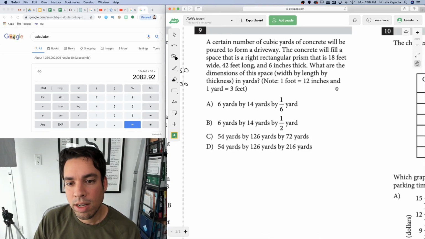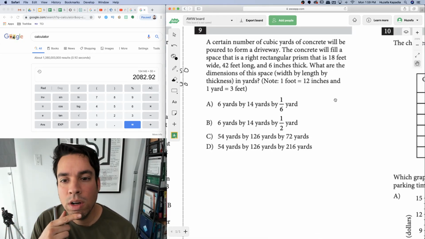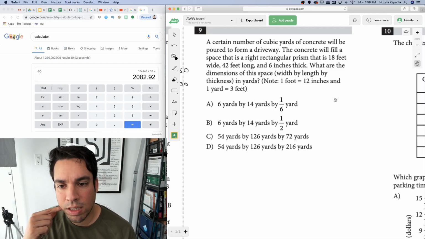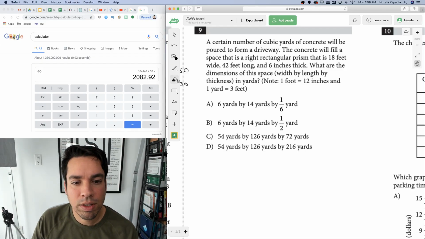Number 9, a certain number of cubic yards of concrete will be poured to form a driveway. The concrete will fill a space that is a right rectangular prism that is 18 feet wide. Let's draw a rectangular prism.